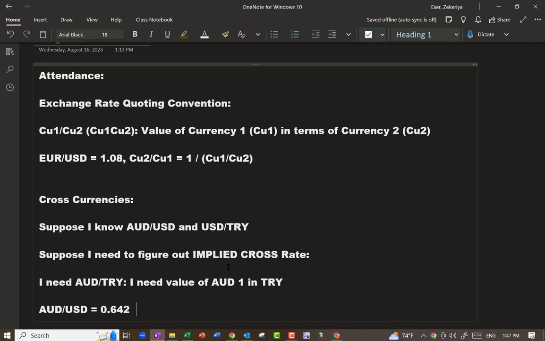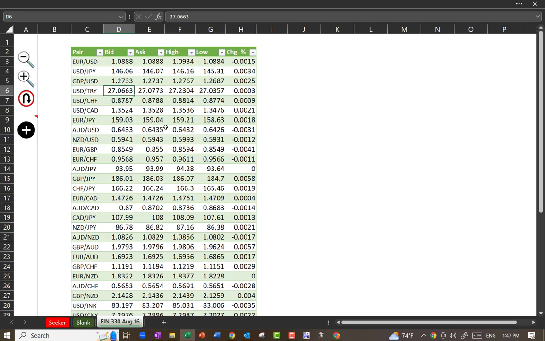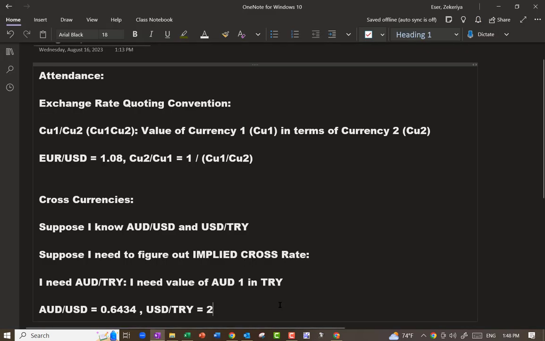So that means 100 Australian dollars, or as they are known affectionately in the market, 100 Aussies, will get you 64 US dollars and 34 cents. Okay. And USD TRY equals 27.0663. When I left back in 2003 to come to University of Kentucky for my PhD, that exchange rate was 1.5.